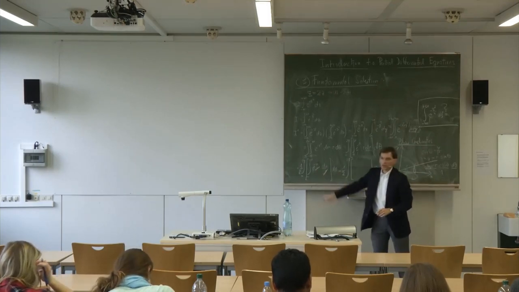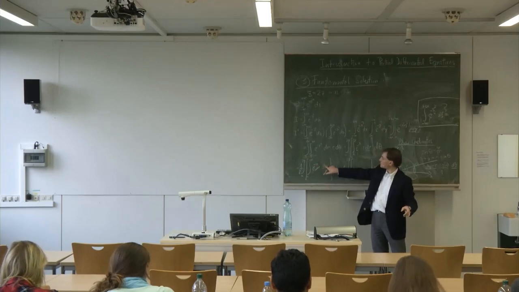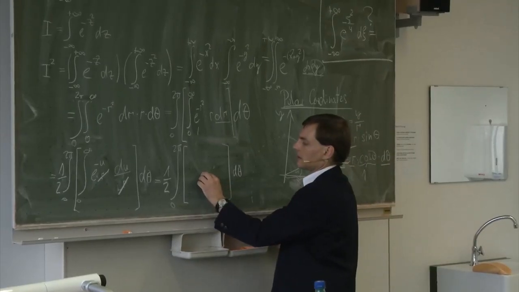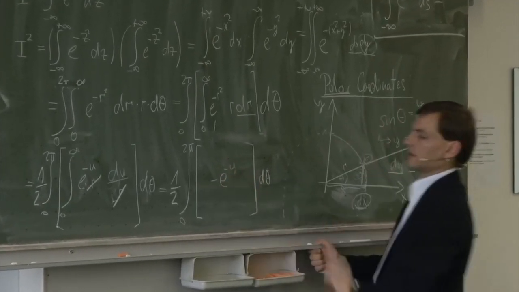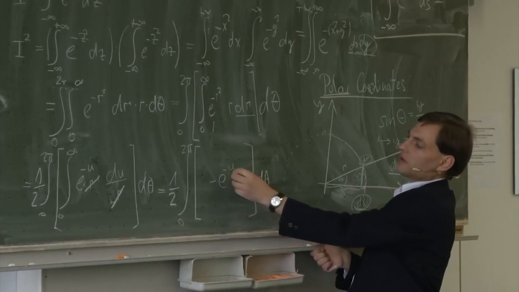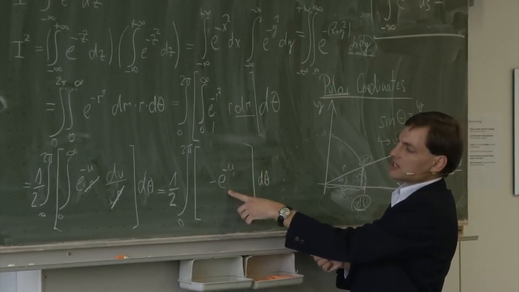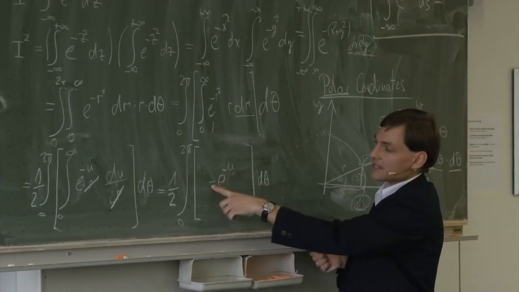What is the integral of the function e to the power of minus u? Well, let's think about it. Is it this? If we calculate the derivative of this, we have this function, and then the derivative of the exponent with respect to u, which is minus.